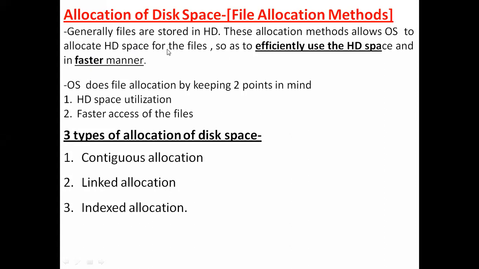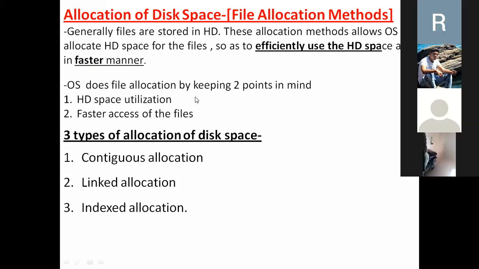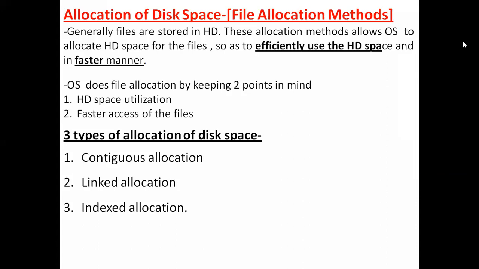The intention behind this approach is effective utilization of the hard disk space, or the secondary storage device space, and second, faster access for the files. By keeping these two points in mind, the operating system does the allocation of the hard disk space for the files.